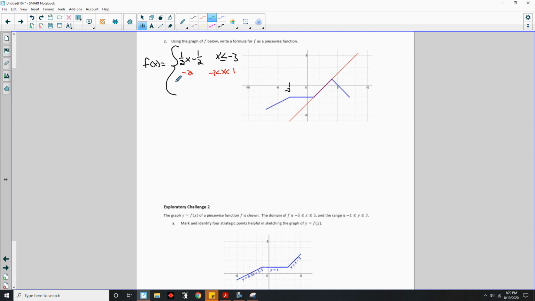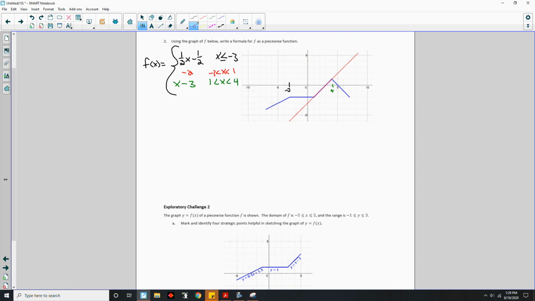Either way you look at it, it's got a slope of 1. So that's just simply x. And the y-intercept is negative 1, 2, 3. If that continued, it would cross the y-axis at negative 3, so it's x minus 3 for x between 1 and 4. So x minus 3 from 1 to 4.